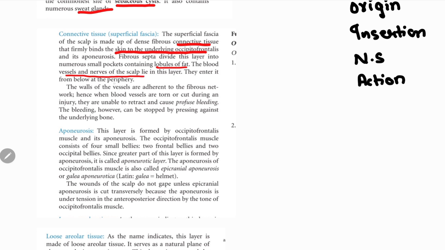They enter from below at the periphery. The walls of the vessels are adherent to the fibrous network. Hence, when blood vessels are torn or cut during an injury, they are unable to retract and cause profuse bleeding. The bleeding, however, can be stopped by pressing against the underlying bone.